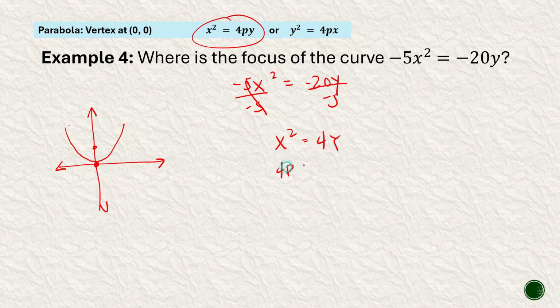So 4p equals 4, which means p equals 1. So that means the focus is at, again, I'll write the general formula. It'll be (h, k plus p). By the way, this is the general formula even for (h, k). h and k are both 0, so this is (0, 1).